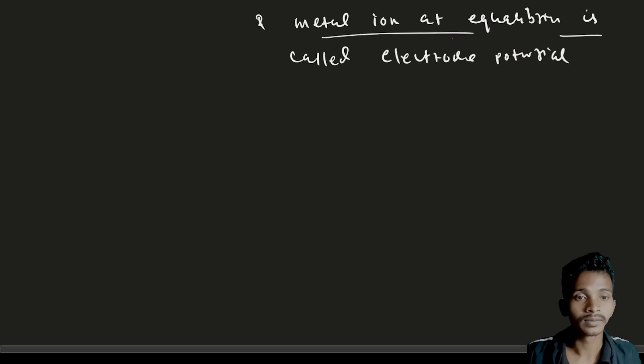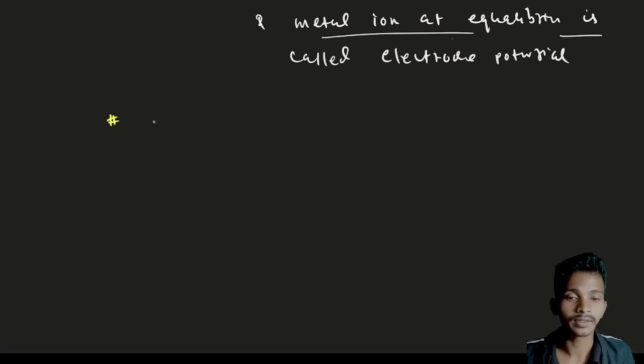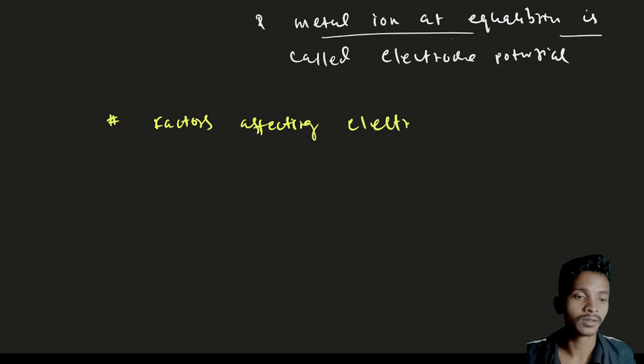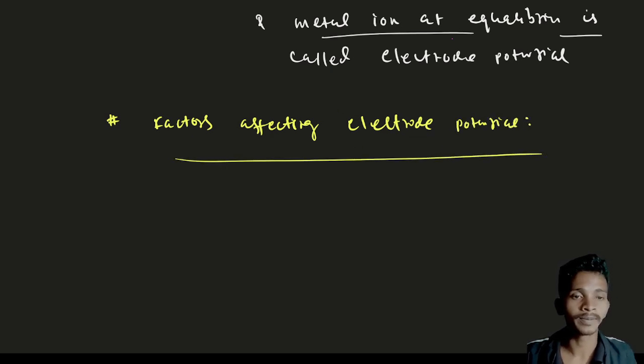Okay, so next we will discuss the factors affecting electrode potential. What are the factors that affect electrode potential? First is the nature of the metal and metal ions.